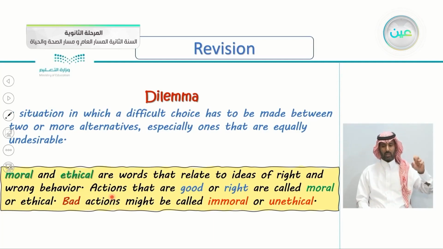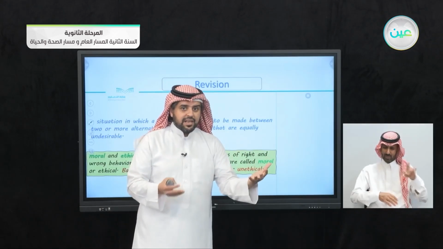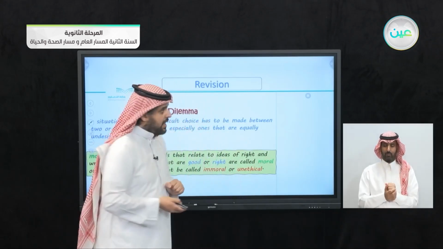Actions that are bad might be called immoral or unethical. The opposite of moral is immoral, notice the prefix im, and the opposite of ethical is unethical, the prefix here is un. So we have moral, immoral, ethical, and unethical.